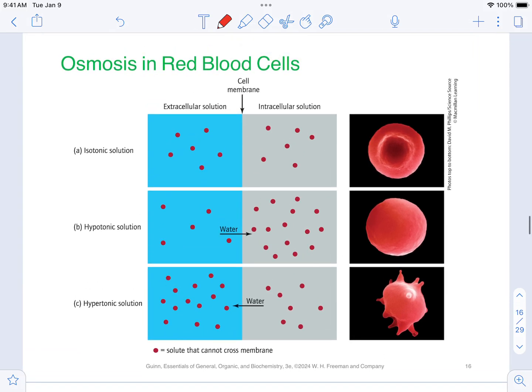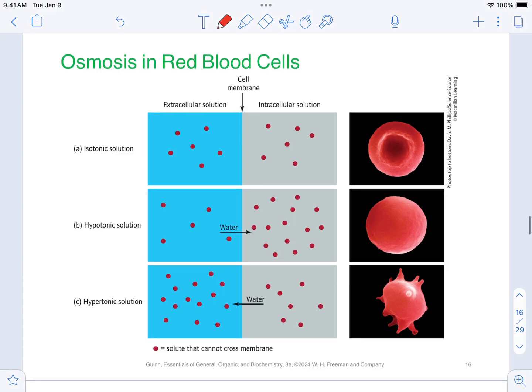So this is pretty interesting, what happens with red blood cells. If we look at our extracellular solution, this is outside the cell, and intracellular is inside the cell.